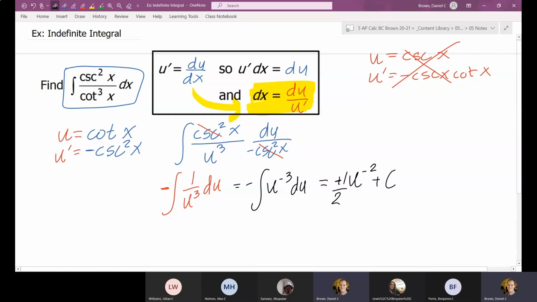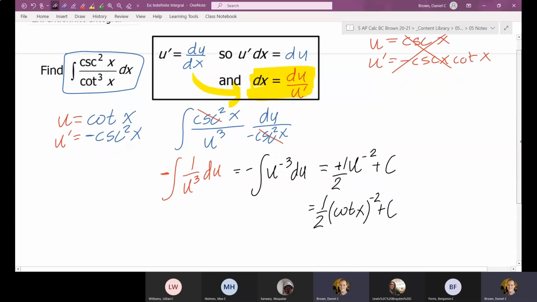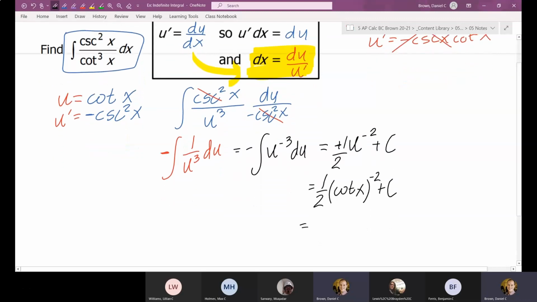That will be the antiderivative of your with respect to u integral. To make it the correct integral, you're going to plug what u was equal to back into the problem. And what was u equal to? The cotangent of x, which we could simplify as 1 over 2 cotangent squared of x plus c.